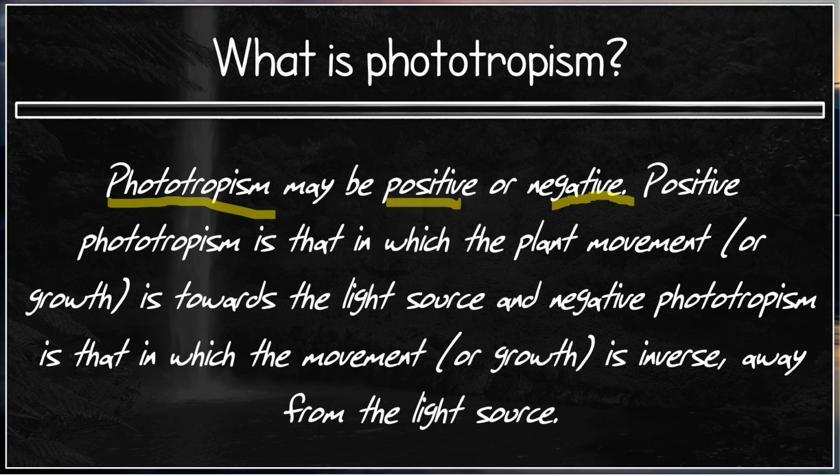Positive phototropism is that in which the plant movement or growth is towards the light source. And negative tropism is that in which the movement is inverse, away from the light source.